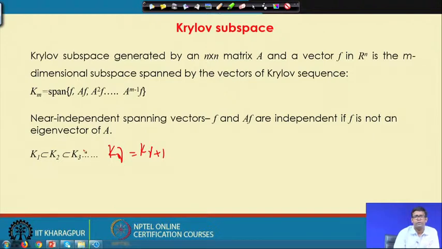The span will be constant, because the span is determined by the basis, which is the maximum number of independent vectors in that particular set. When I find all the independent vectors up to K nu, this space will be a superspace of the previous one. After that I am adding only dependent vectors and the space will not change.